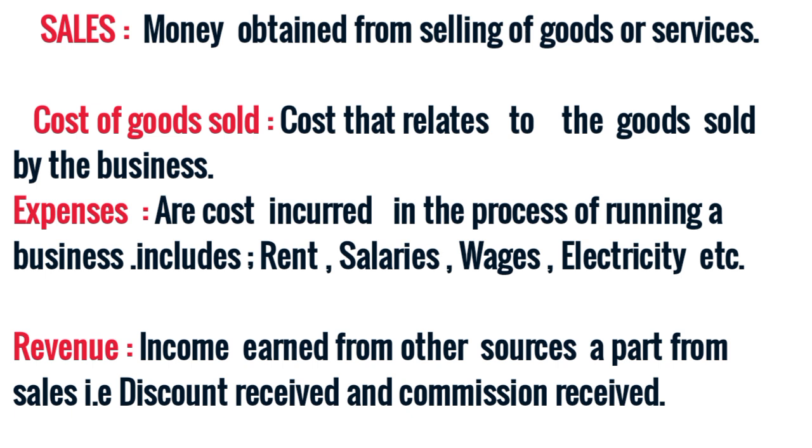These are costs incurred in the process of running a business, and they include rent, salaries, wages, electricity, and extra. Then we have revenues. They are income earned from other sources apart from sales. Example, discount received and commission received.